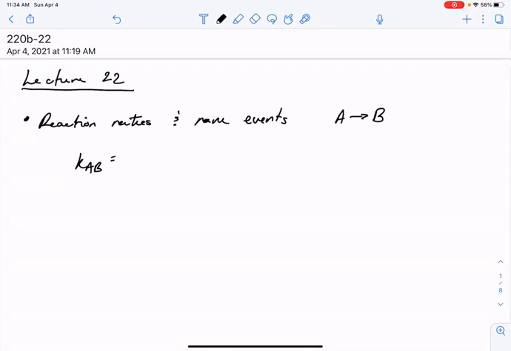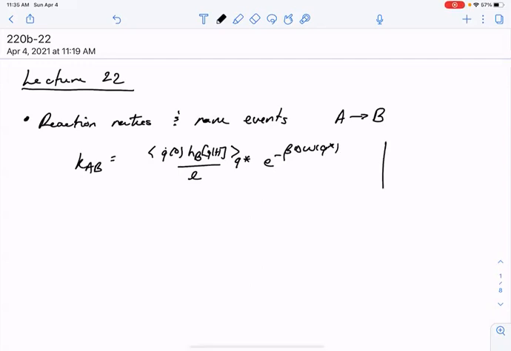It is given by, in one realization of the equation, the flux through some transition state, denoted by Q star, given that the trajectory eventually ends up in state B, times the probability to have gotten to that transition state, provided you started in A. So the picture we keep drawing is some sort of double well where two metastable states are distinguished along this variable Q. That saddle point exists at Q star.